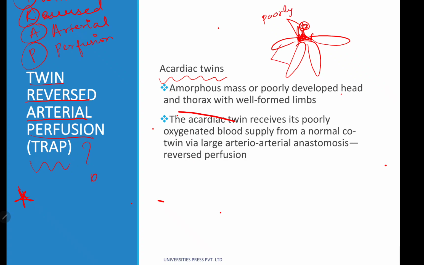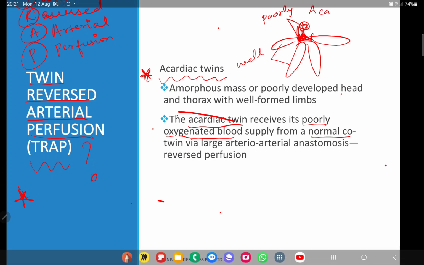So this is the acardiac twin. If you look at this acardiac twin, it receives its poorly oxygenated blood supply from the normal twin.